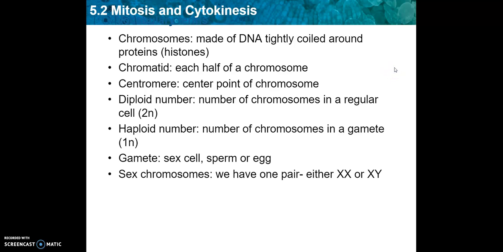And sex chromosomes. We're going to start looking at these chromosomes themselves and what kind of information is stored on them. Of those 23 chromosome pairs that you have, one of those pairs determines your sex, your gender. You are either XX or XY. Now in biology and science, there's always going to be those loopholes, those what-ifs.